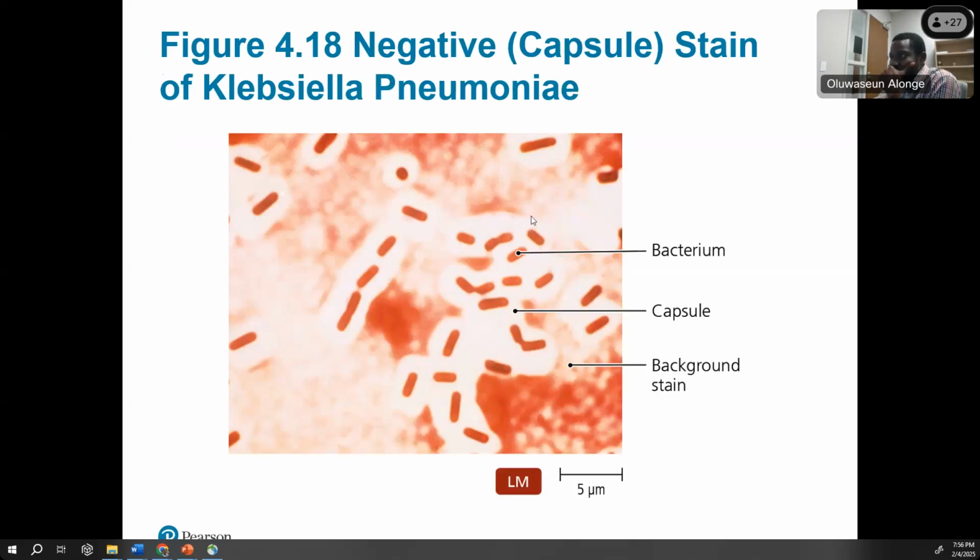So this here is negative stain. It's used to stain the capsule, so you can see the capsule. This is Klebsiella pneumoniae, a kind of bacteria that causes pneumonia. Of course, you can see the bacteria itself, and then the capsule is the clear area that you are seeing all around it.